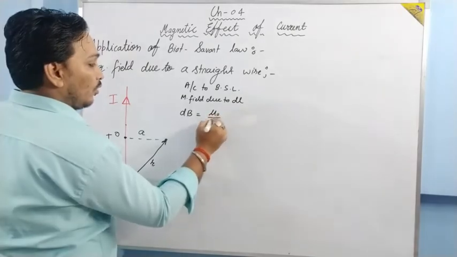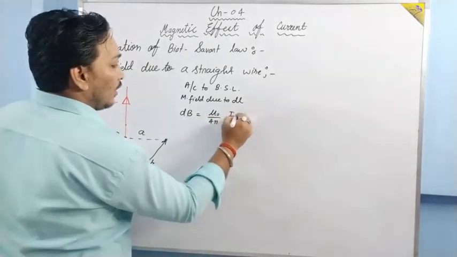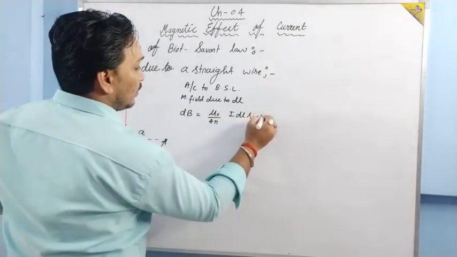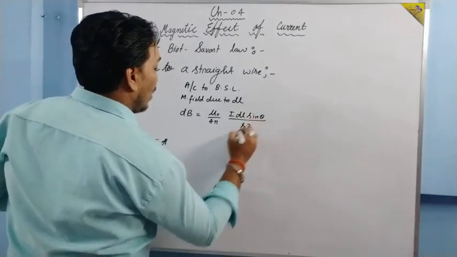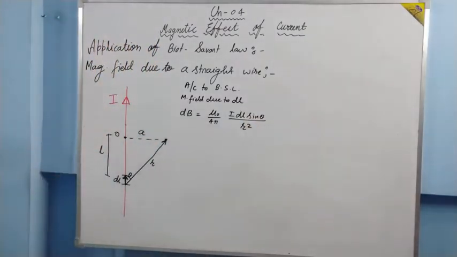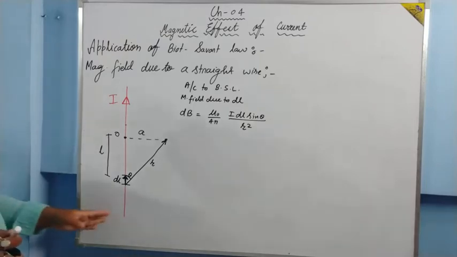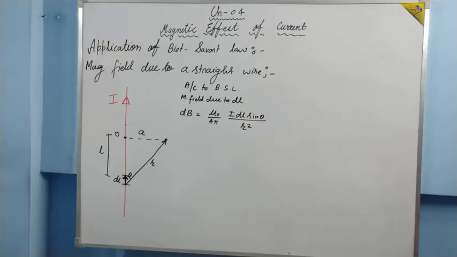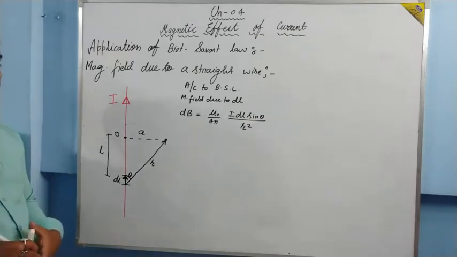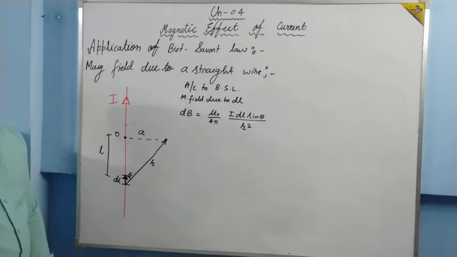Mu naught upon 4 pi, I dl sin theta upon r square. This expression needs to be integrated for the complete length of the wire. Okay, but before doing that, we must understand that magnetic field is a vector quantity. This dB is a vector quantity.